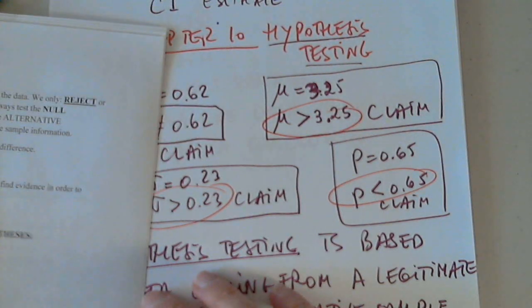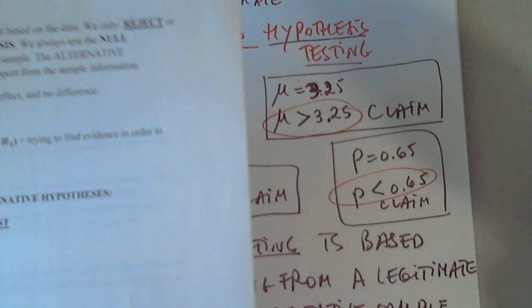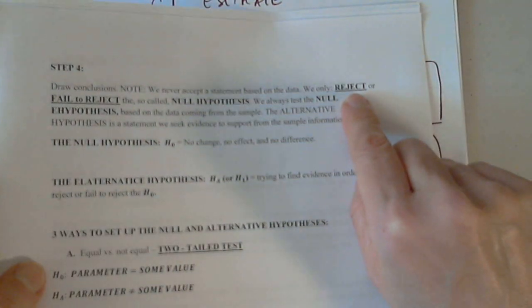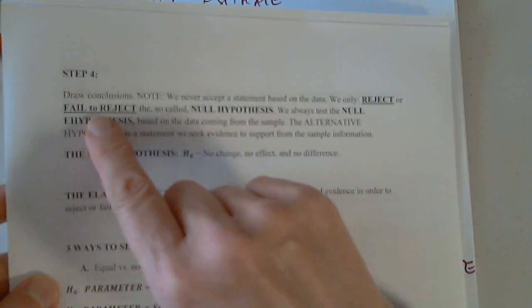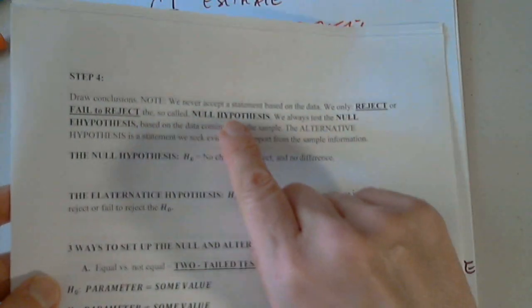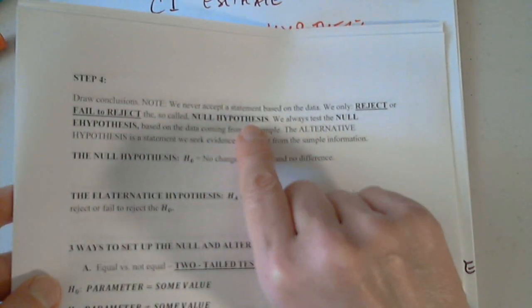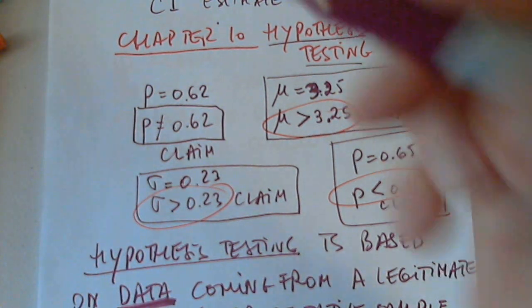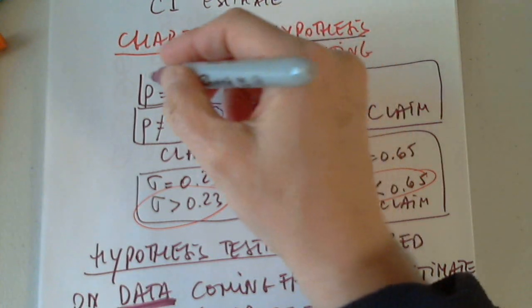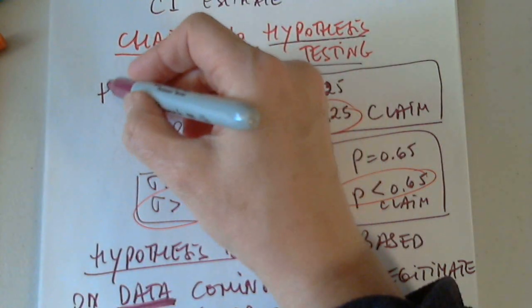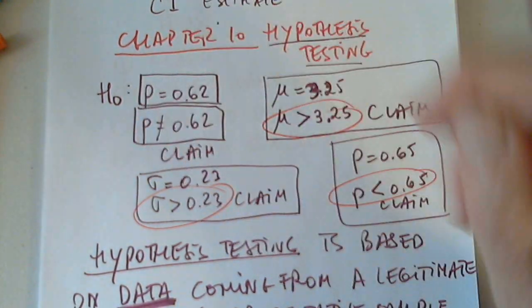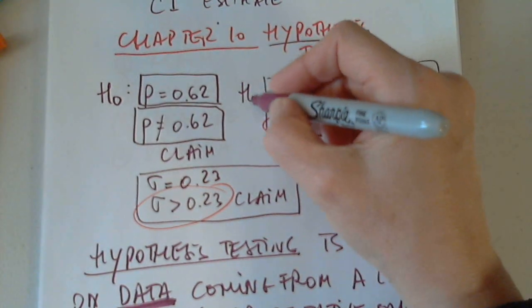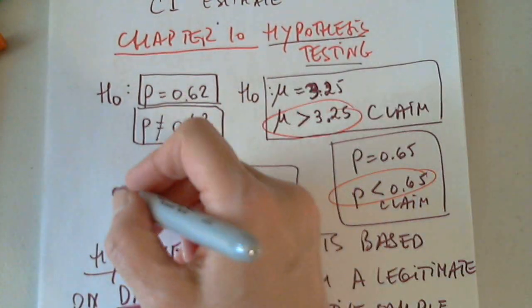This is the language of hypothesis testing. We can only say that we reject or we fail to reject the so-called null hypothesis. What does the null hypothesis mean? We denote it by H sub 0.